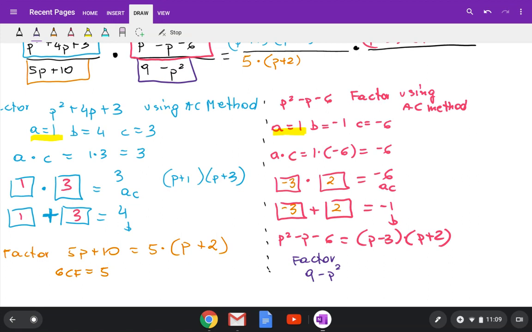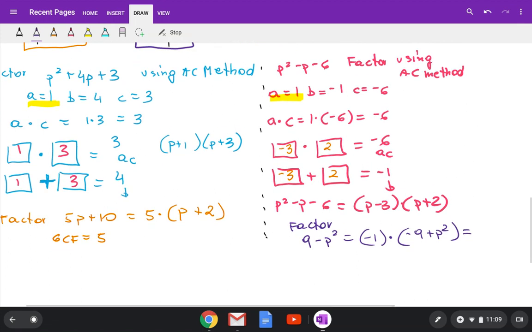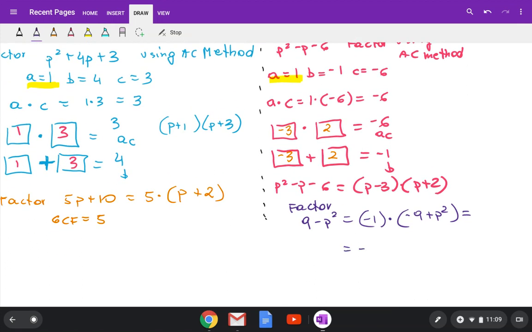So what I recommended, before you do it, why don't you factor negative 1 first? So we can switch the order. If you factor negative 1 first, you will end up with negative 9 plus p squared, which you can rewrite as negative 1 times p squared minus 9.